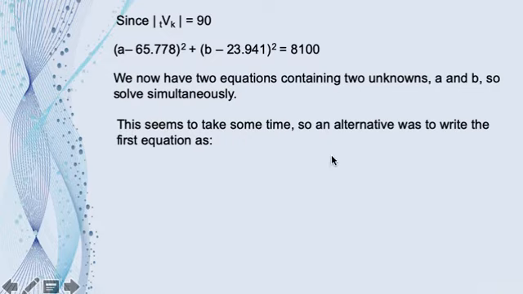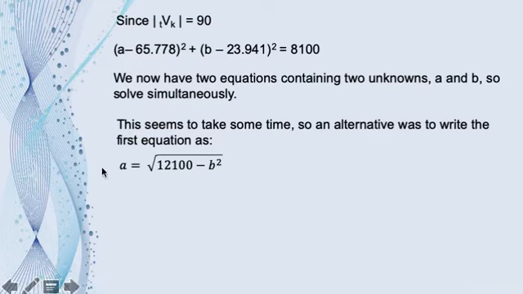Sometimes your calculator won't like it in that particular form, so just keep in mind that if that ever happens, if you put in your two equations, your calculator just gives you the spinning wheel of death and you just think, why doesn't it like that? What you can actually try is substitute one into the other. So rather than having your a squared plus b squared equal 12,100, we can actually go, well, what would that look like as a?